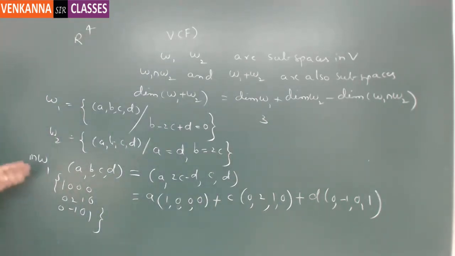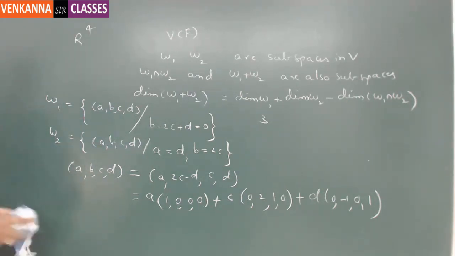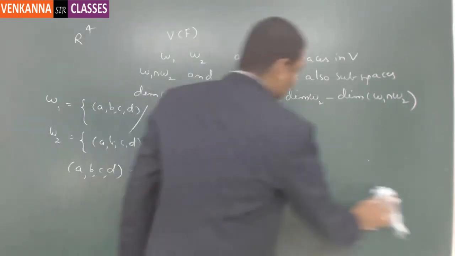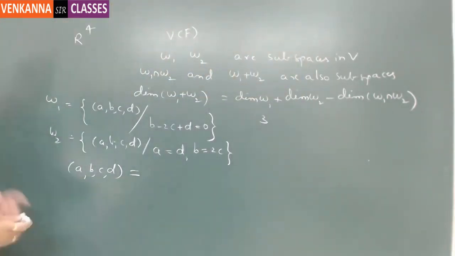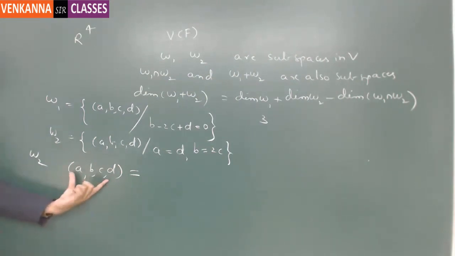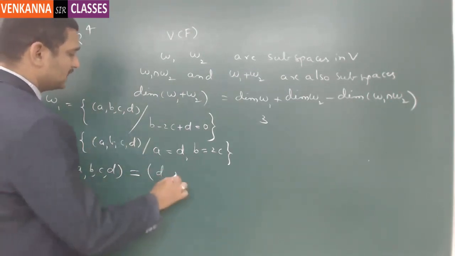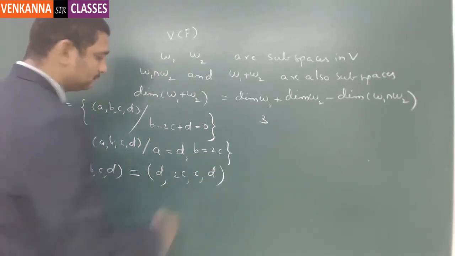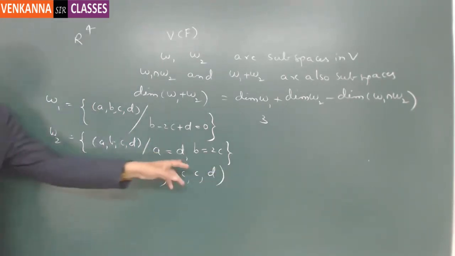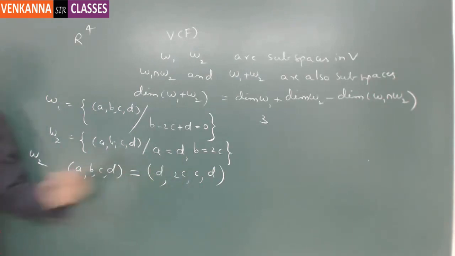Now let us do the same procedure for the second set W2 and find its basis. If you consider any value in W2, whatever the 4D vector a, b, c, d you take, it is nothing but a is equal to d and b is equal to 2c. A is equal to d, so I have replaced a with the value d.